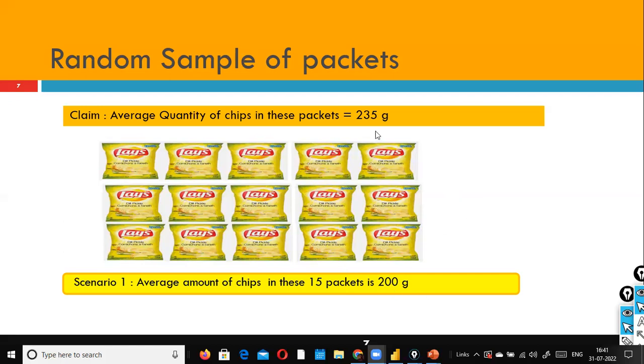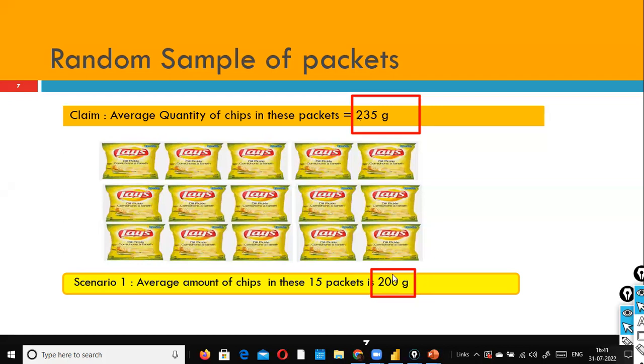But whatever they mentioned on top of the packet was 235. Whereas when I took a sample, with that sample I could see 200 gram. So can I accept the claim made by the manufacturer, or can I say I'm going to reject the statement made by the manufacturer? What will you do in this case?